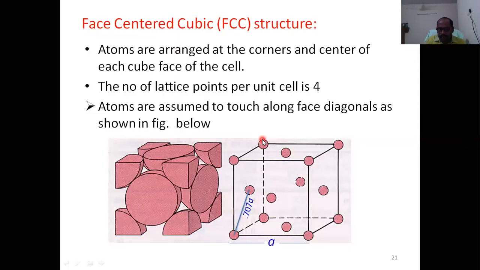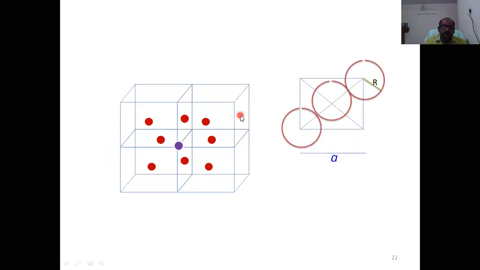Now we see how the atoms are touching along the face diagonal. We have considered only a 2D view.